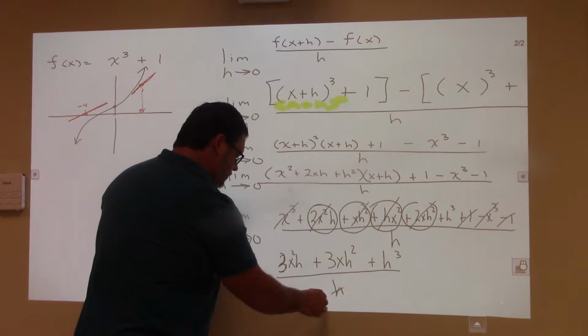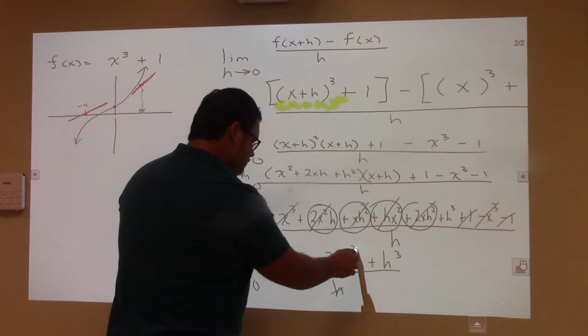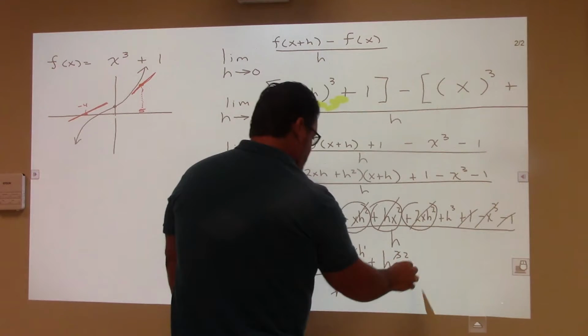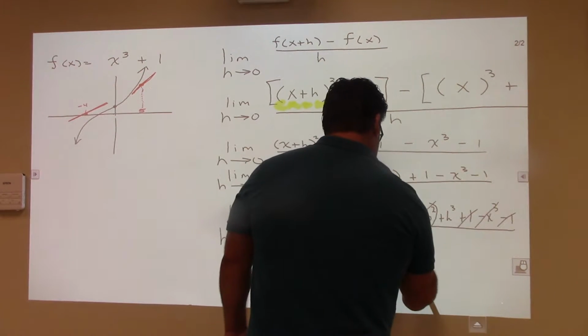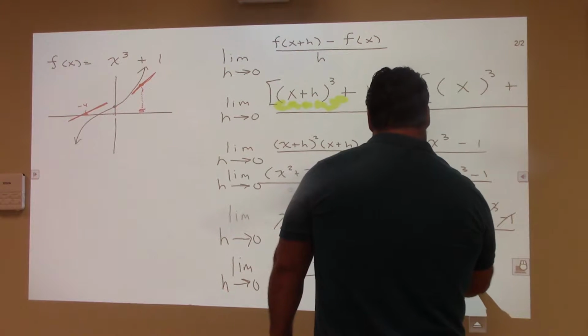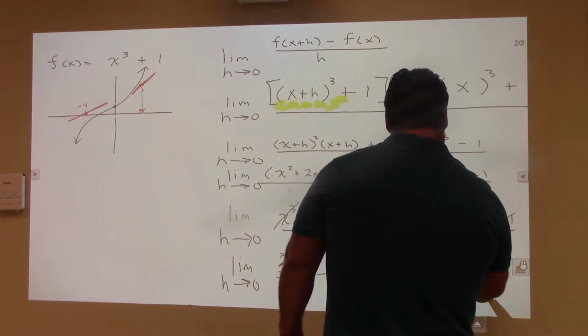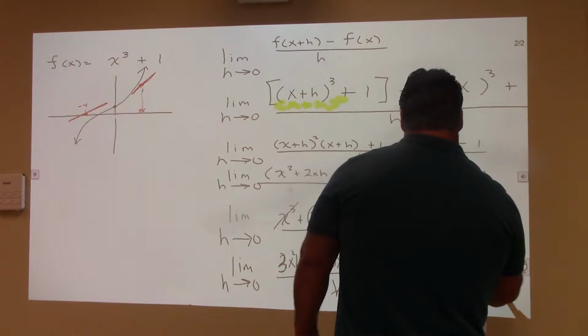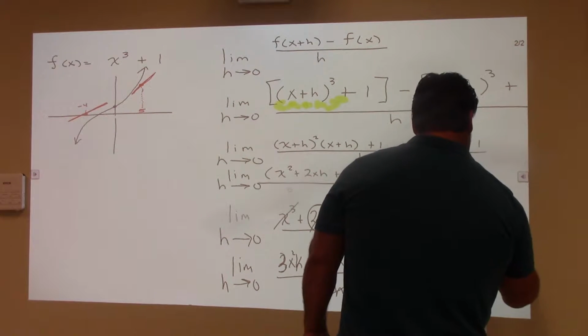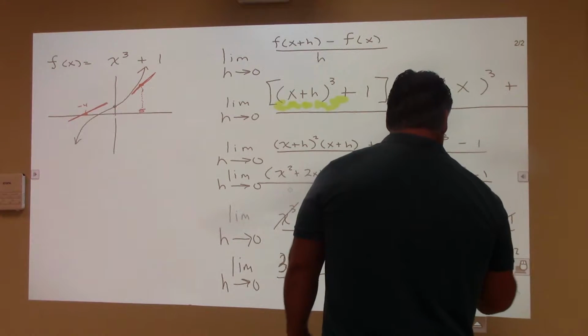Take the h out. Take that one out. That would be h to the first. And this would be h squared. So that would be 3x squared plus 3xh plus h squared over, well, not over.